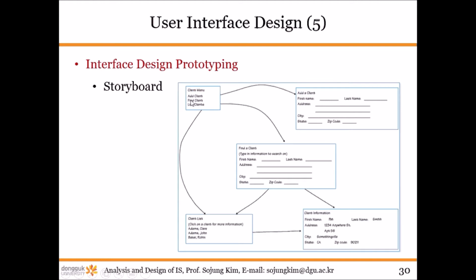If you add client, there is an add client screen, and then you can show not the exact design, but what kind of content can be shown in this menu. And then the find client menu includes this information, the client list includes this information, something like that. So that's what you call a storyboard. Now you can see the examples, right?